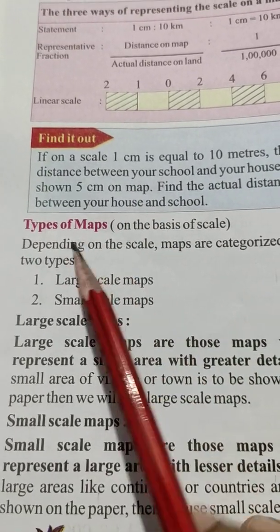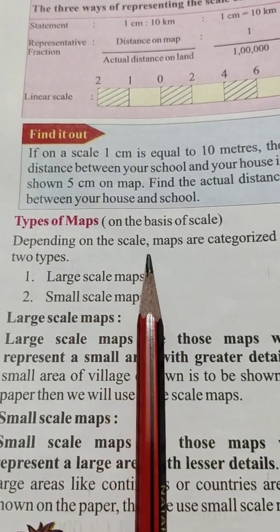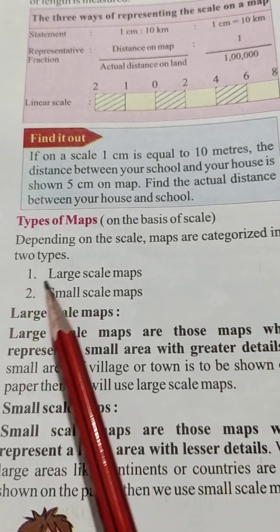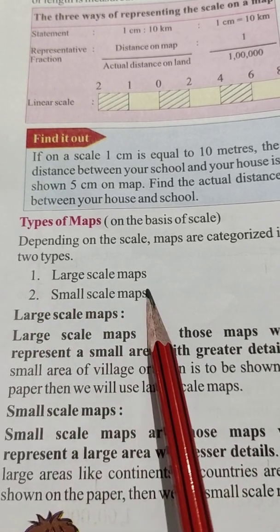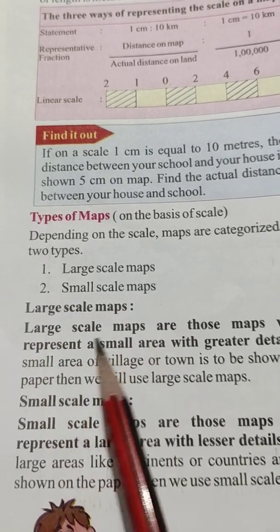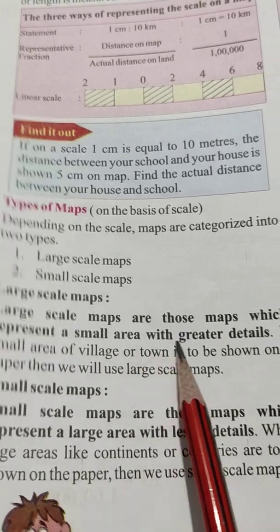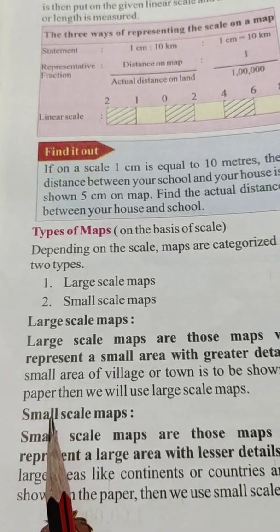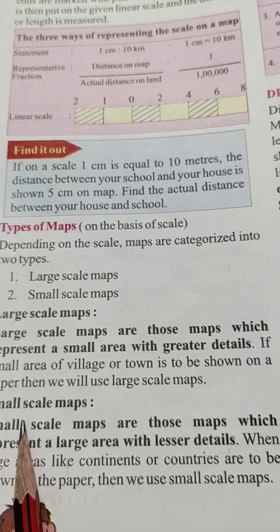Types of maps. Depending on the scale, maps are categorized into two types. 1. Large scale maps. 2. Small scale maps. Large scale maps are those maps which represent a small area with greater details.